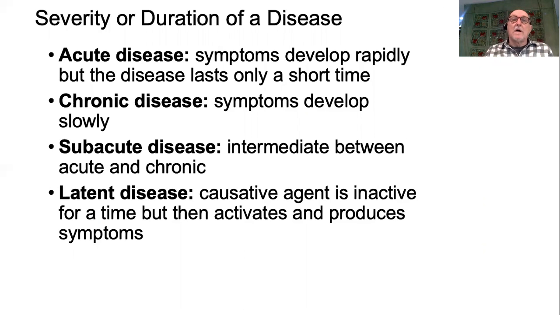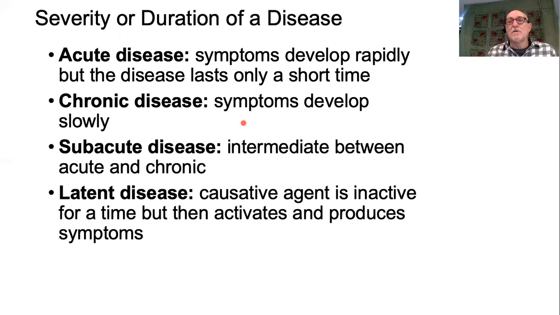A chronic disease is one where symptoms develop slowly and often where people become progressively debilitated. A good example would be tuberculosis, a very slow progressing infection, which can ultimately become fatal and is certainly very debilitating over time, but may take years to become so.